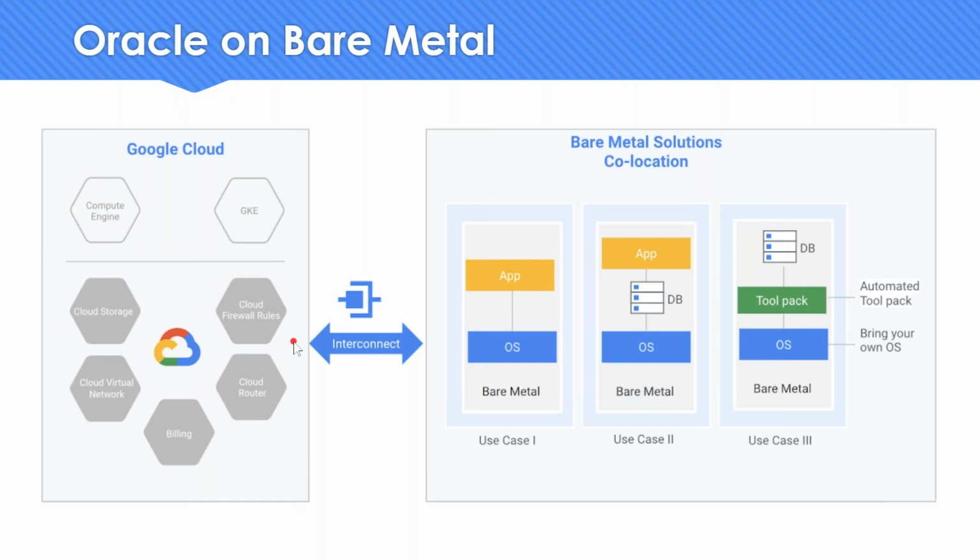This is one of the screenshots I got from the internet, from the blog of Google. So you have your applications running on virtual machines, GKE, and so on. You have a co-location facility, a data center very close to your region, where Google is going to run bare metal, not virtualized systems.